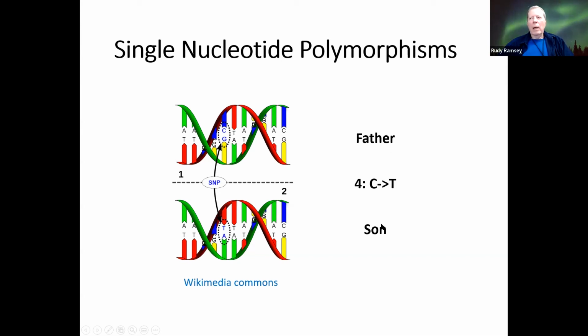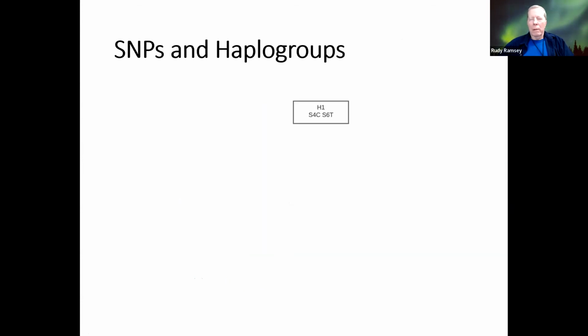So now I'm going to build a little tree for you. Initially, it's going to look a little funny because you can't see much of it, but I'm going to call this block, for the moment, block 1. That's H1 here. And I'm going to greatly simplify the single nucleotide polymorphisms.